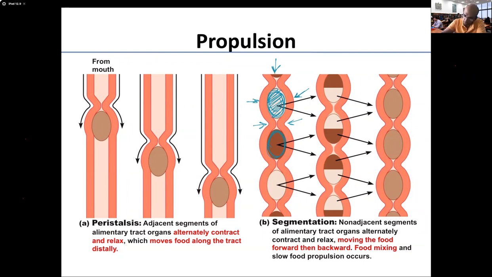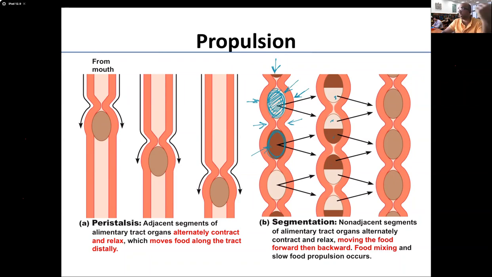You're going to be splitting this first food particle into two separate parts, and this second food particle into two separate parts, and you mix them together. And you keep doing it throughout the length of the small intestine, and this is going to allow you to break down the food on a mechanical level.